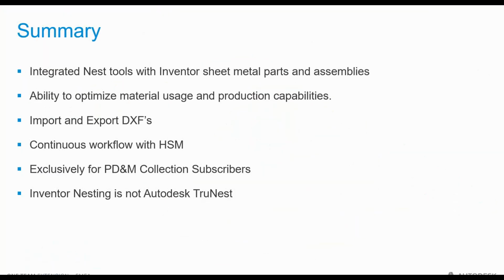So I'd say in summary really, the ability to integrate nest tools with Inventor sheet metal parts, the ability to optimize material usage and production capabilities, importing and exporting DXFs. It's useful for spots where you're looking to work with laser cutting tools, water jets, or plasma cutters, and even CNC routers in there.